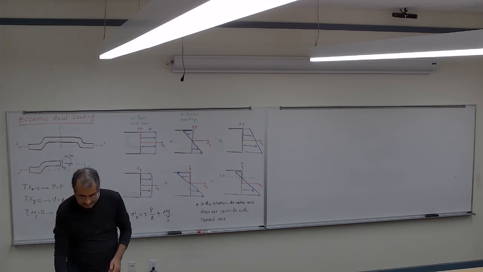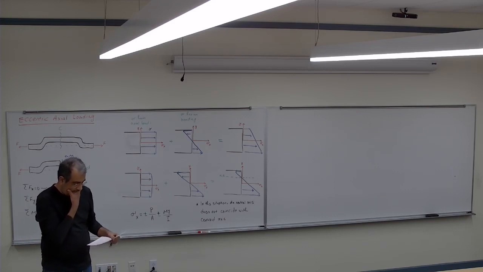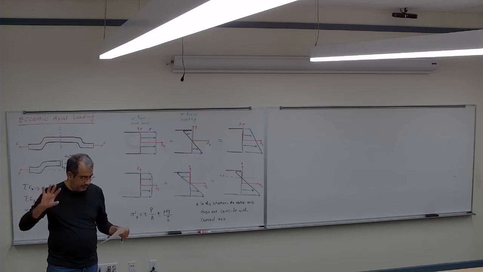So basically it's combining the tension from axial load, which we had in an earlier chapter, chapter 1 or 2, with the bending.